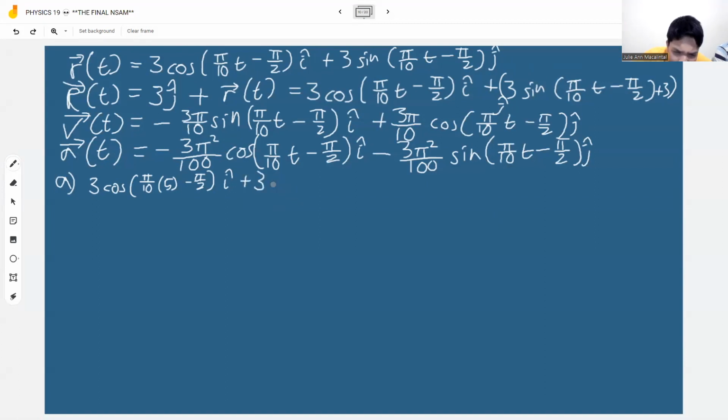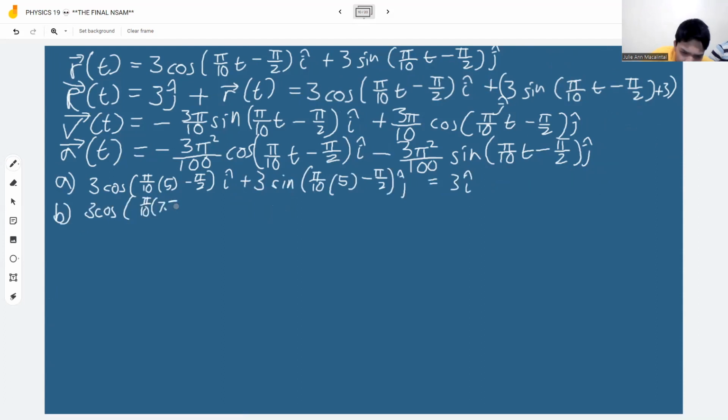This is 107, no? Wait. The question is the magnitude of its velocity 2 seconds after launch for letter A, di ba?